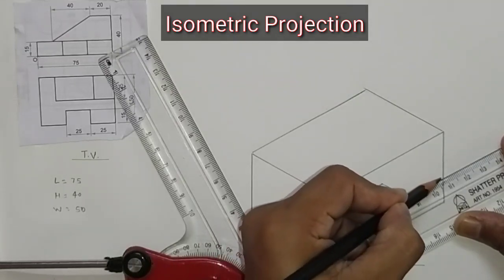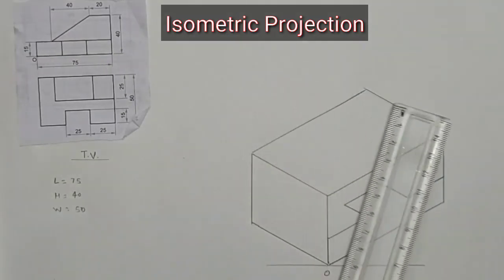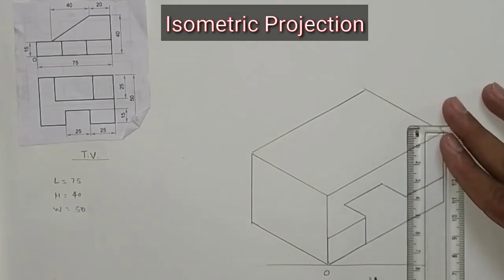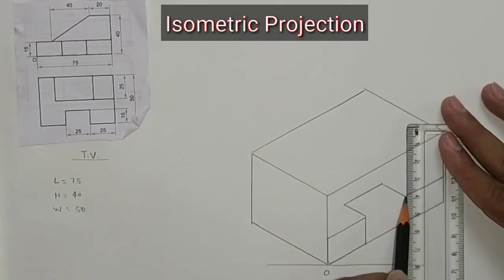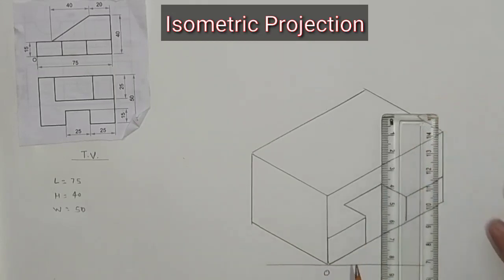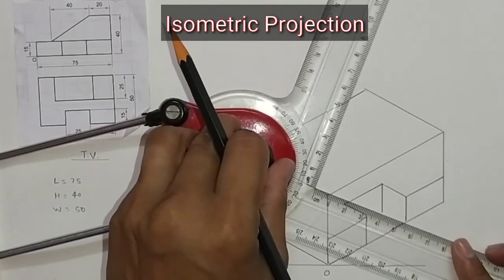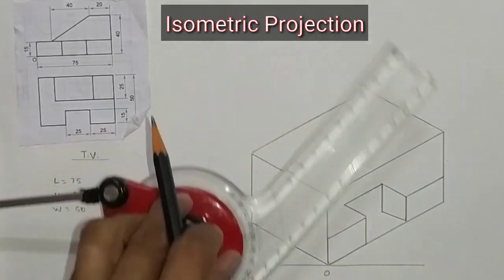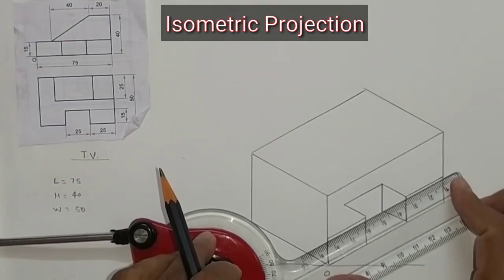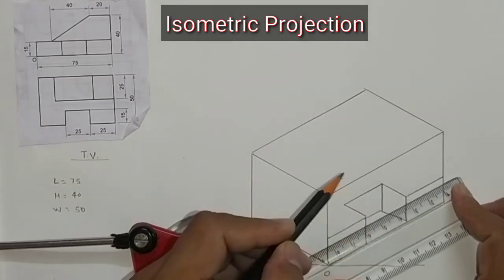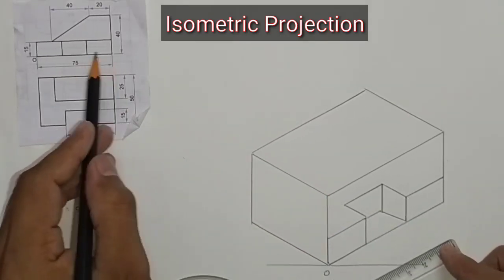Again here you will get another rectangle 25 mm by 15 mm, and complete the first portion of the isometric view. Here the remaining lines are obtained of size 25 mm and 15 mm. Okay, this portion is over.